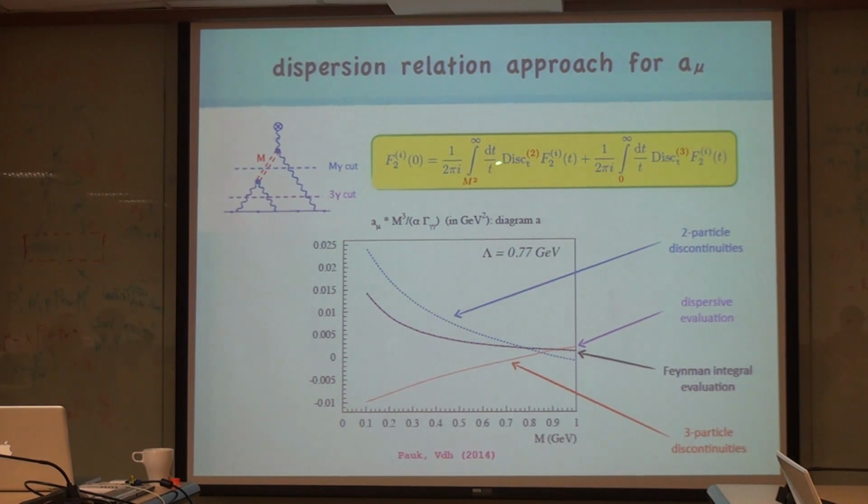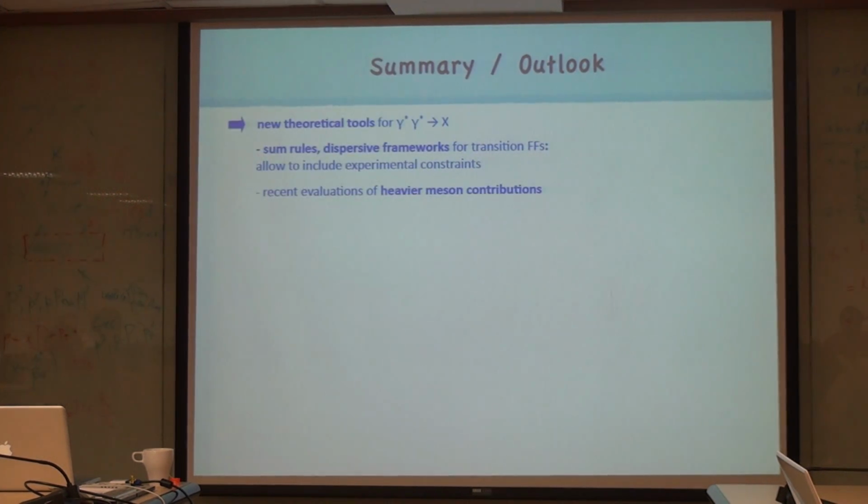It will be quite involved, but you can always reconstruct from imaginary parts, which you relate to experiment, real parts. And so the hope is that using such calculations one will be able to bring down this error line by line.